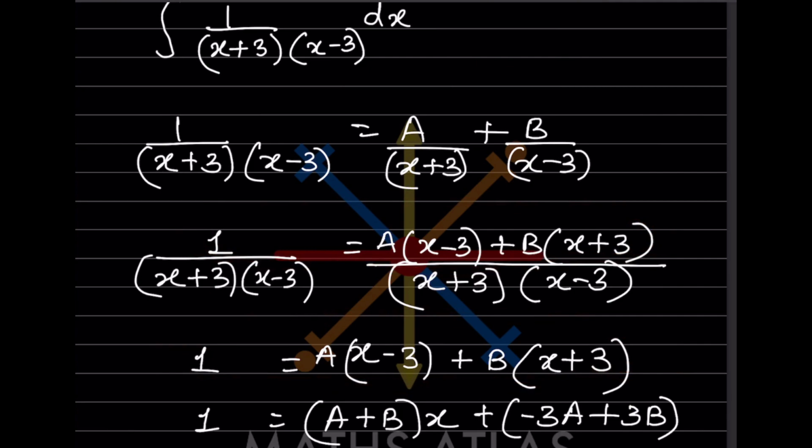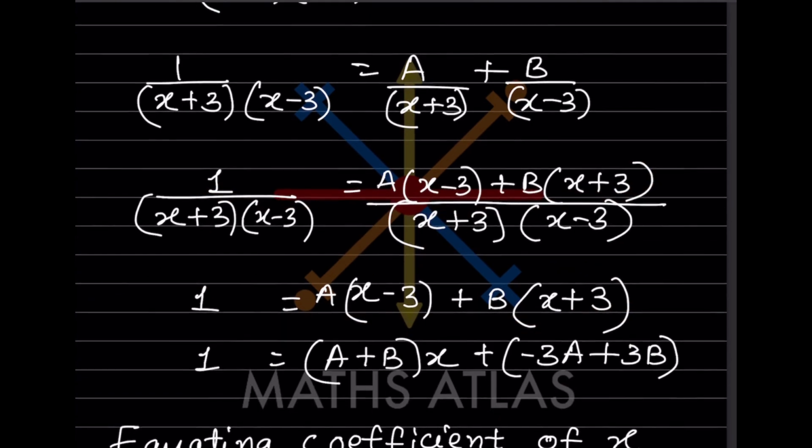And now again, we can do the previous one. We have done the same thing. If you want, you can put an extra step over here. That will be 1 is equal to ax minus 3a plus bx plus 3b. So you are going to expand this part.